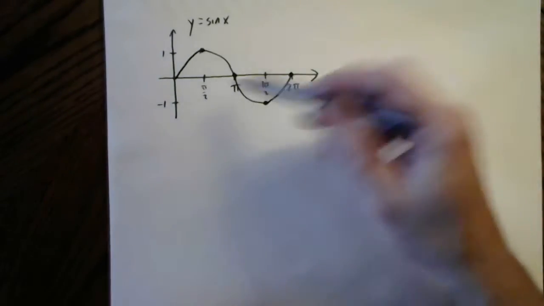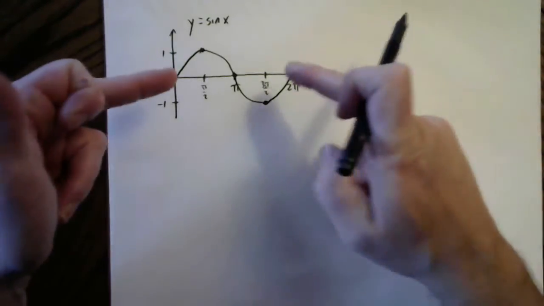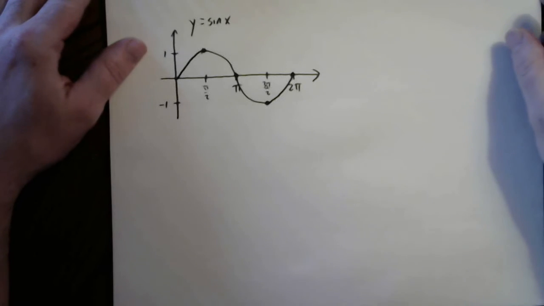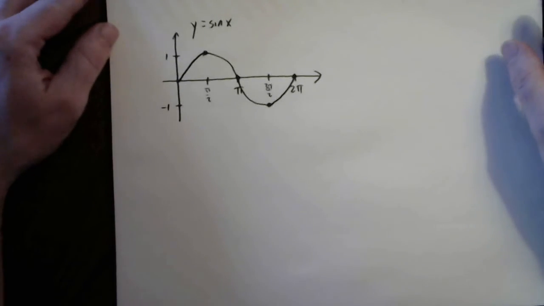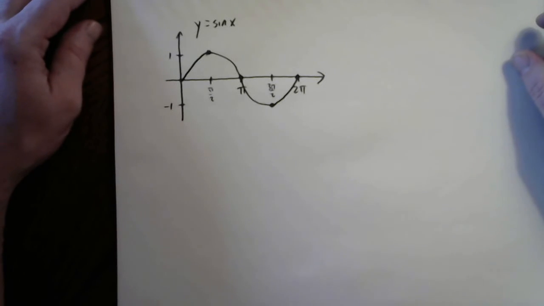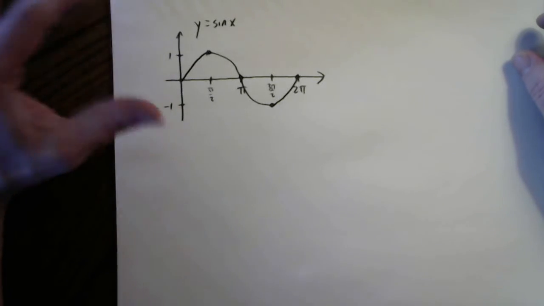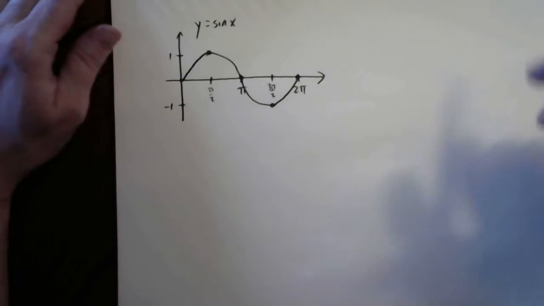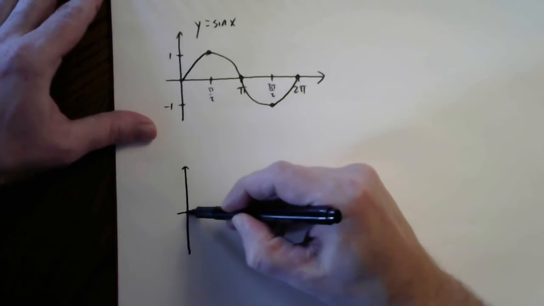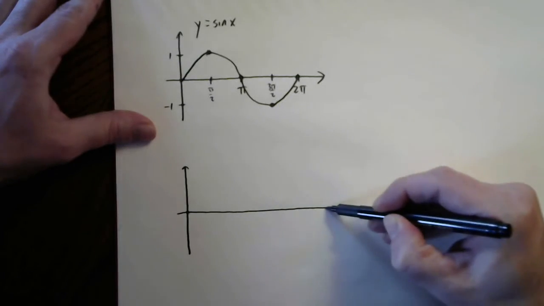This is one cycle of a periodic function, so this wave repeats in both directions indefinitely. And this is critical. Trig is a big part of this course. It's a huge part of Calc 2. So we want to be comfortable with this as well as the cosine, which is the same shape, just shifted.